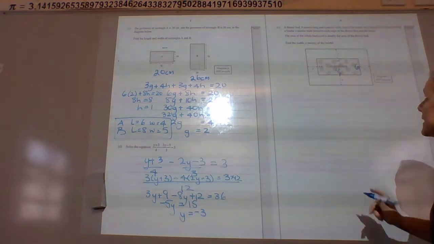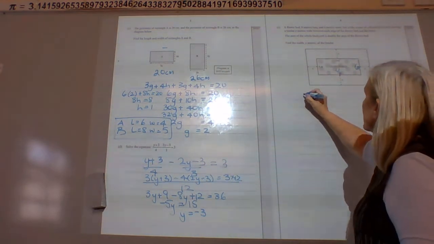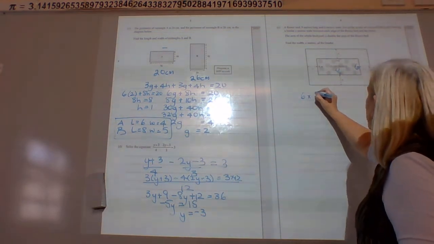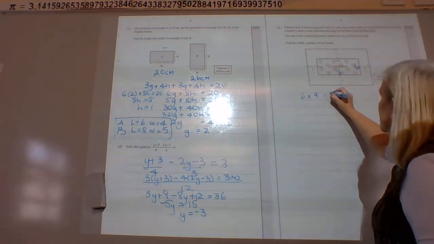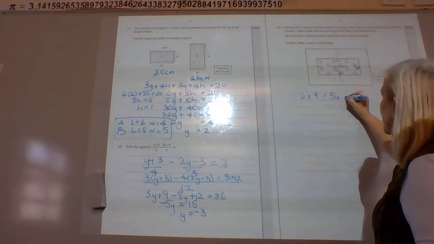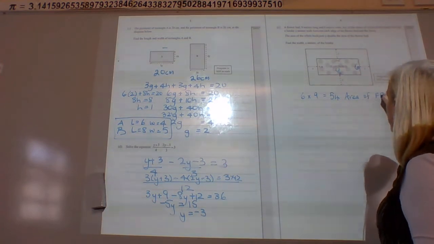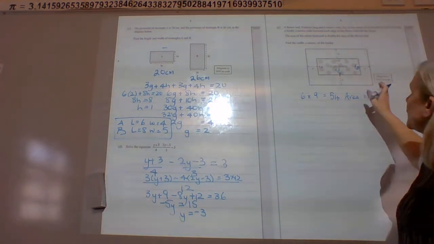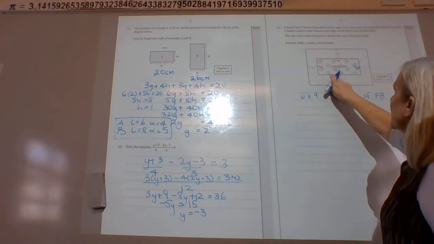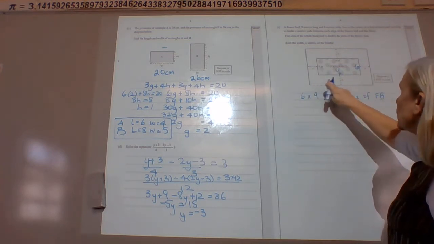All right, so we've got 6 times 9, which is equal to 54, for the area of the flower bed. Okay, for the area of this other shape, we've got 9 here and 2 x's.